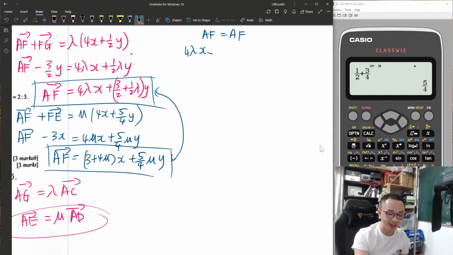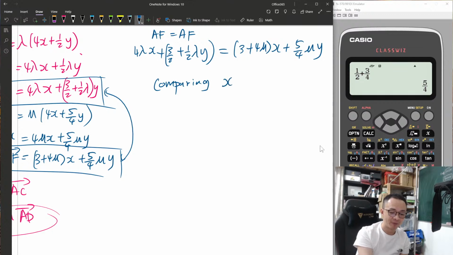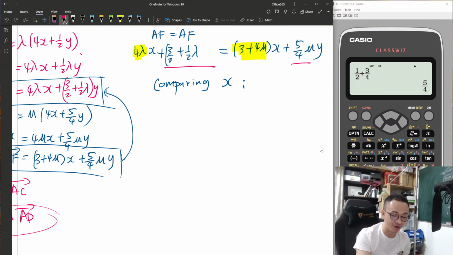So 4 lambda x plus (3 over 2 plus half lambda) y equals (3 plus 4 mu) x plus 5 over 4 mu y. Then I compare the x. Comparing x means I just use the value beside the x. Then I do the same thing and compare y, using the value beside the y. This y is outside the bracket. Sorry.